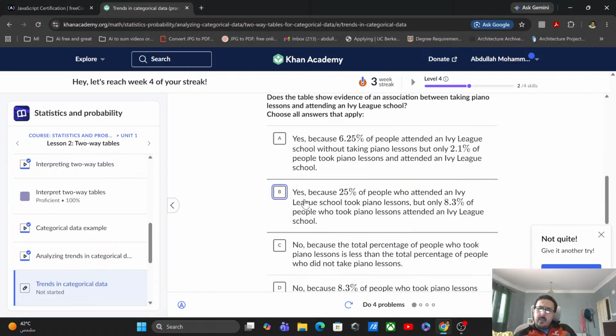No. Yes, because 25% of people who attended an Ivy League school took piano lessons. The 8.3 of people who took piano lessons attended an Ivy League school.